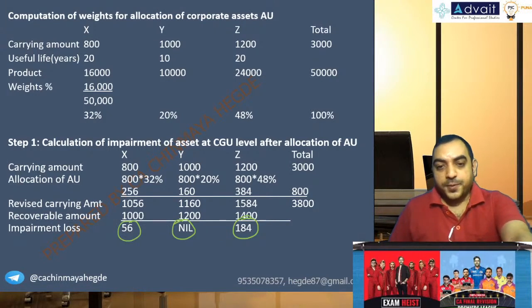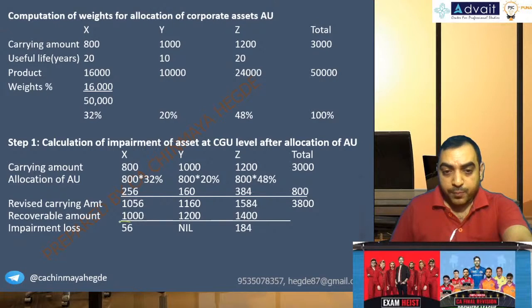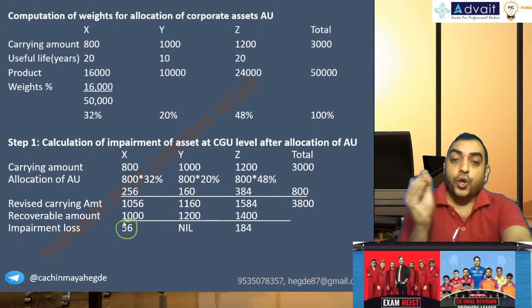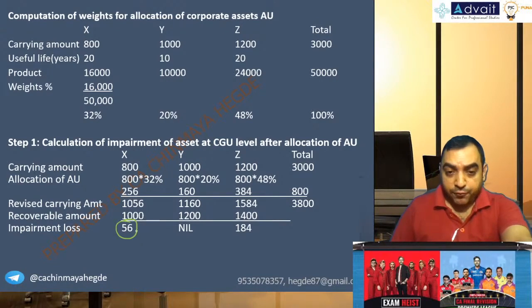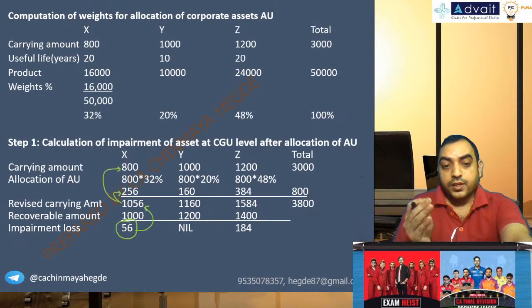Okay, hope you have done till here. Now, this impairment loss belongs to whom? This 56 is out of 1056. What is 1056 comprised of? The carrying amount of X 800 as well as the allocation of this AU 256. Both of them are part of 1056.